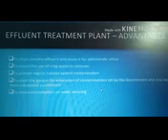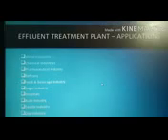And for ETP plants, applications are available in metal industries, chemical industries, pharmaceutical industries, refineries, food and beverage industries, sugar industries, hospitals, auto industries, textile industries, and dye industries.